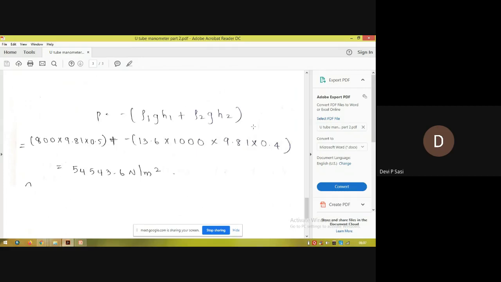On substituting the values, it will be obtained as 54543.6 Newton per meter square. Please check whether you have obtained the same value.